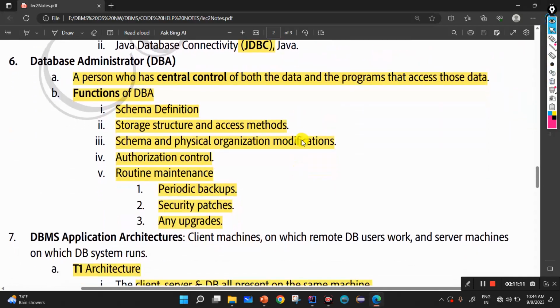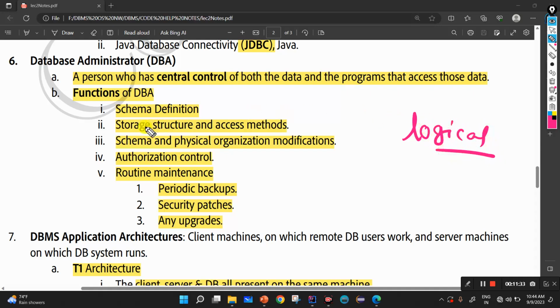Now the sixth point is the database administrator. I have already taught you that the database administrator is a person who has central control of both the data and the programs that access those data, and stands over the logical level.